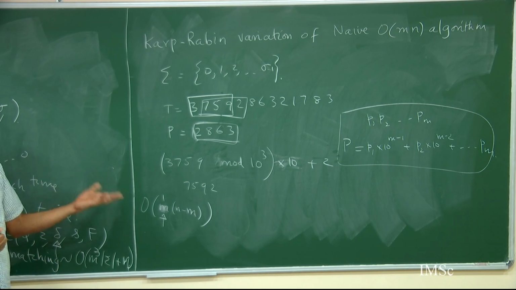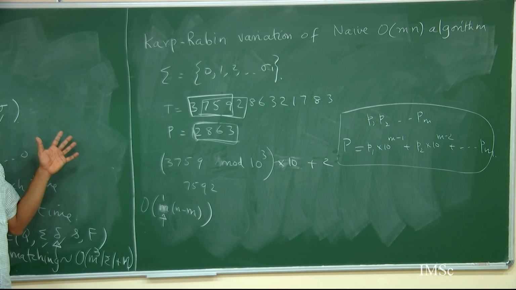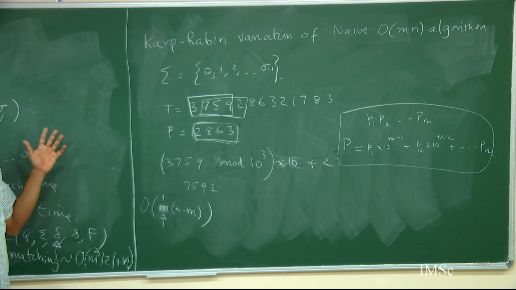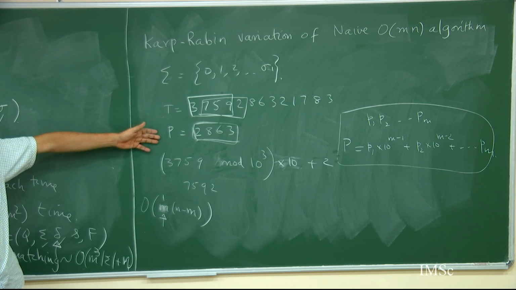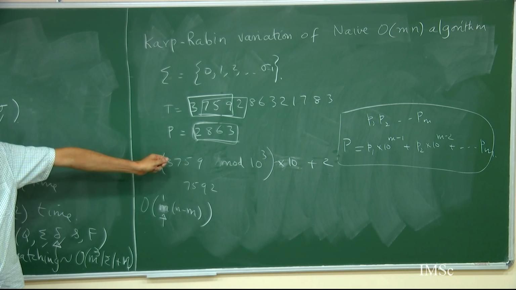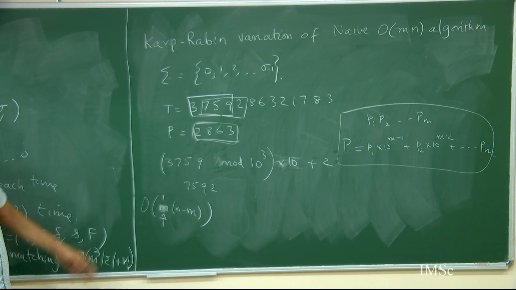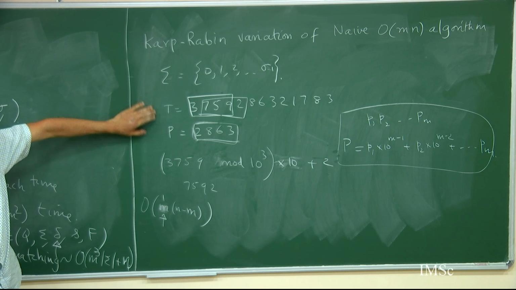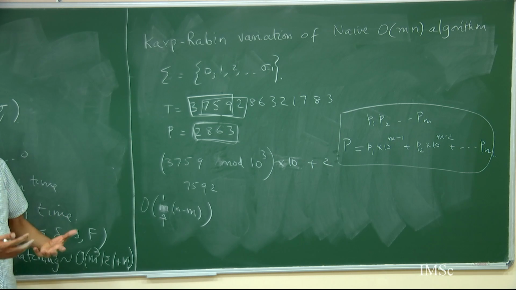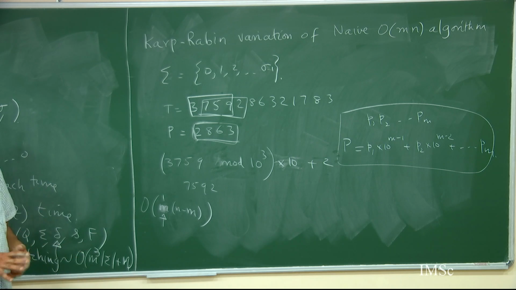So, the only problem with this is that the numbers can be very large. The pattern, if it is like 500 digit numbers, then this could be million digits, this could be 500 digits. I am expecting that you can compare two 500 digit numbers in constant time is unreasonable, okay.